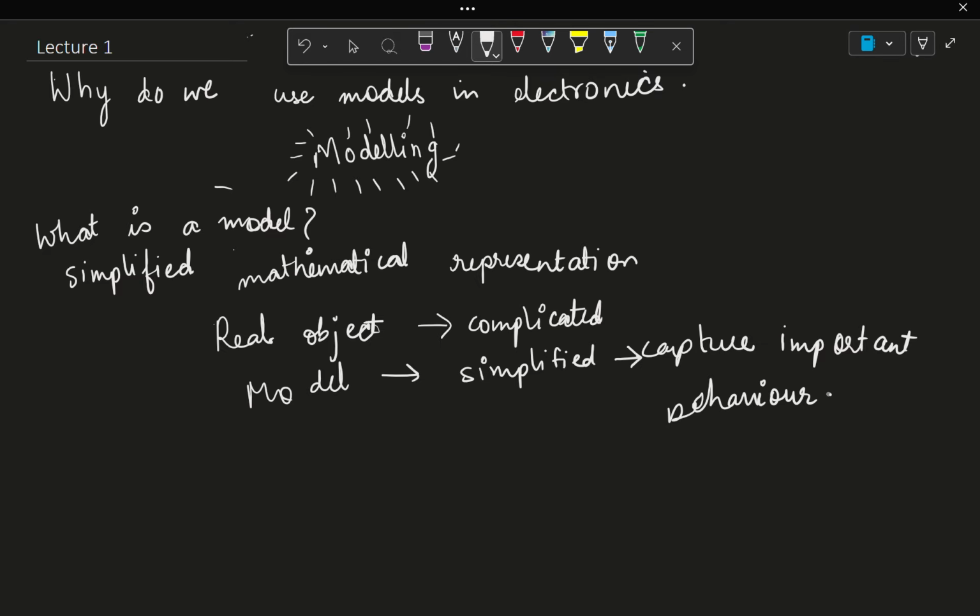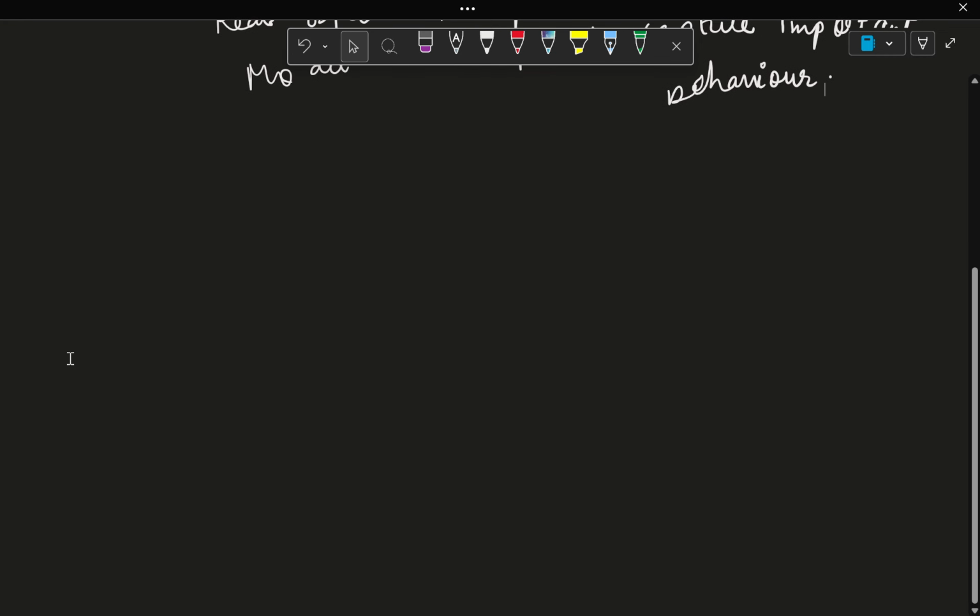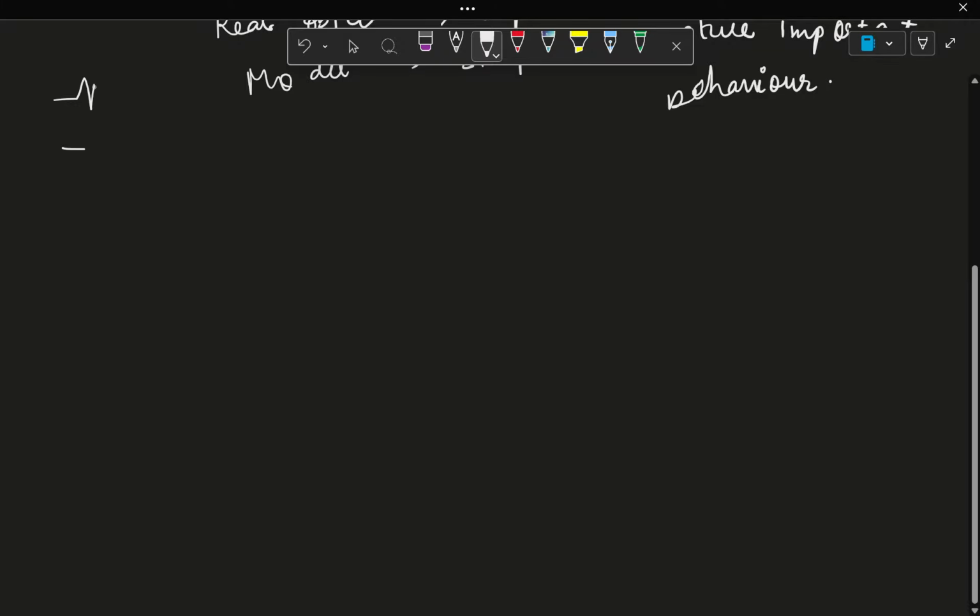So let's take an example. Say a resistor. If we purchase a resistor from an electronics store, the actual resistor is made up of physical materials and they have many complex properties.